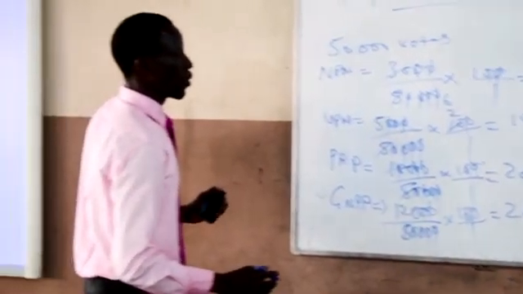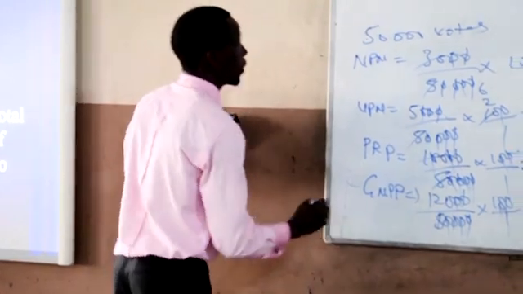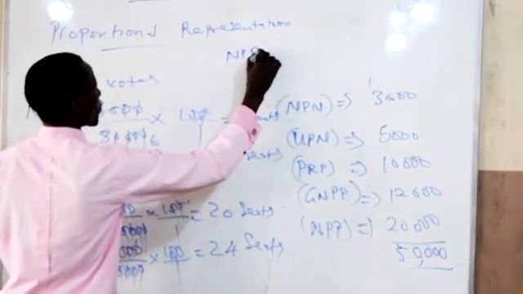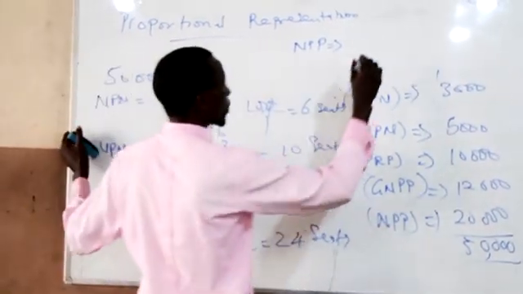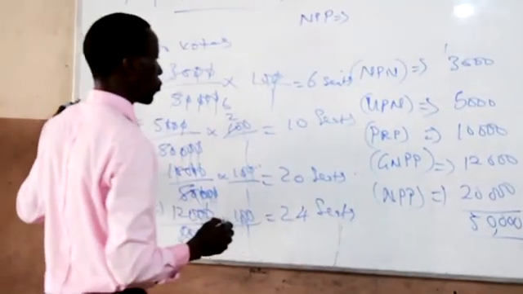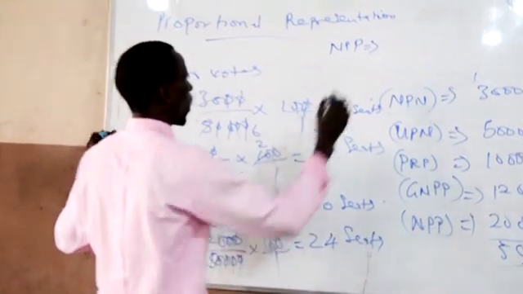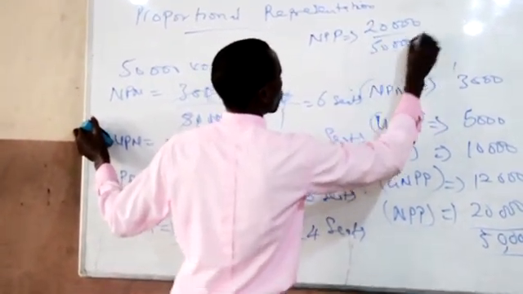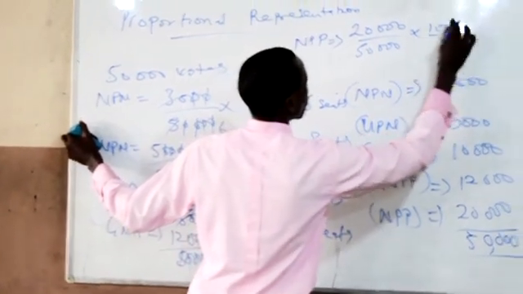And finally, we have the NPP. NPP has 20,000 votes divided by 50,000 multiplied by 100 over 1.